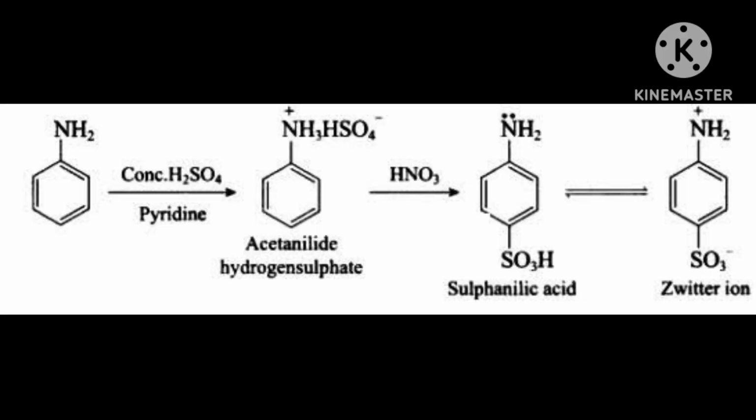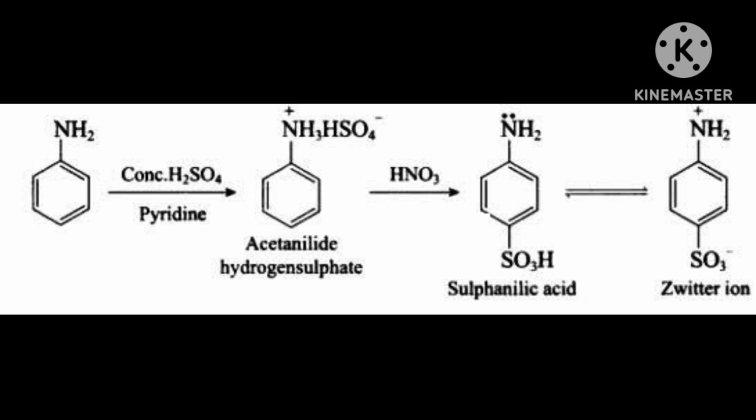It will join at a para position, but it will first form an intermediate, called anilinium hydrogen sulfate, because NH2 is there, one H of NH2 can go as H plus, and N will get negative charge. Then HSO4 actually joins with N, but this is temporary. It is called anilinium hydrogen sulfate, weak.